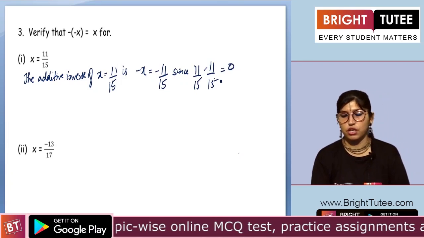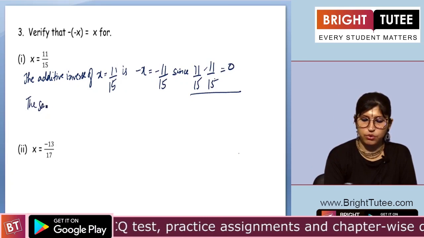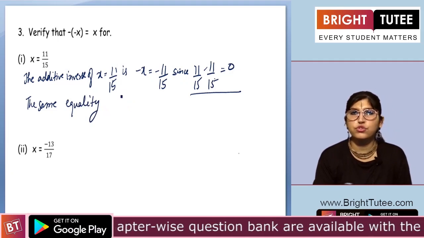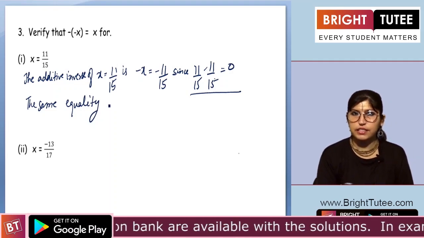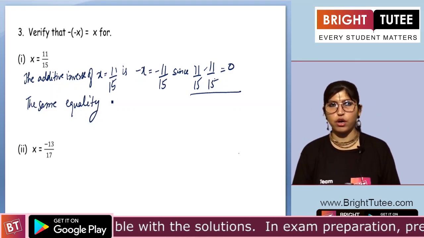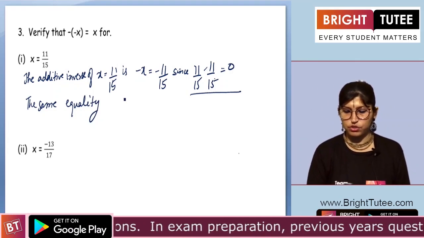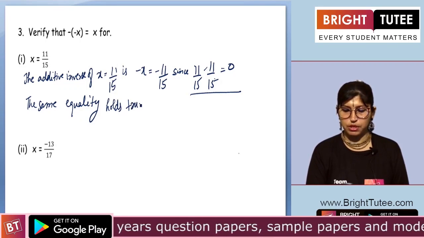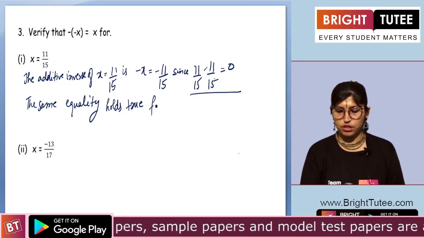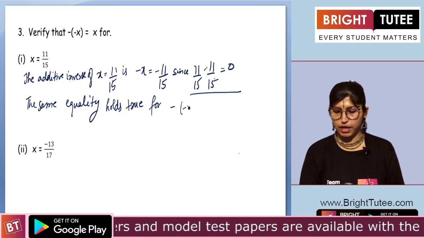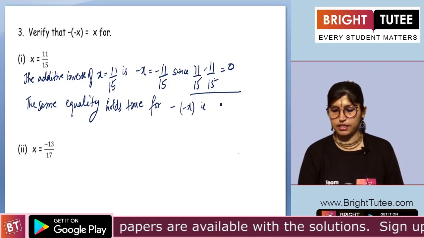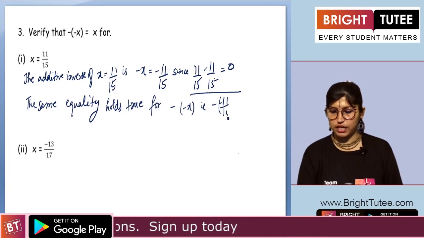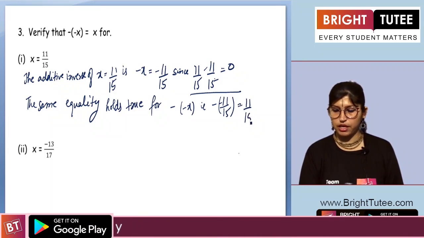Now the same equality holds true for the additive inverse of minus x, that is minus of minus 11 by 15, which will be 11 by 15.